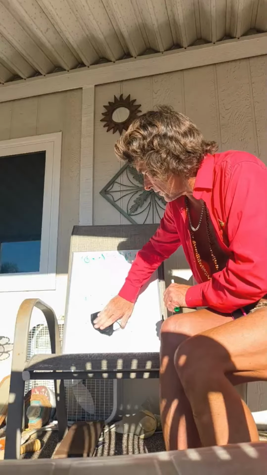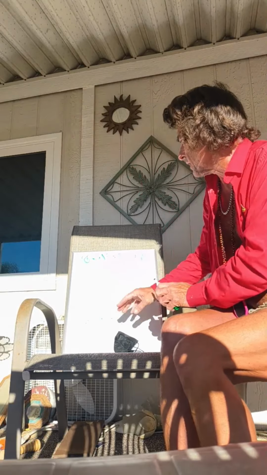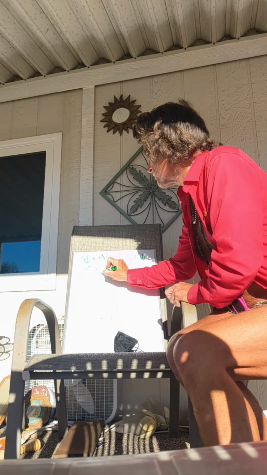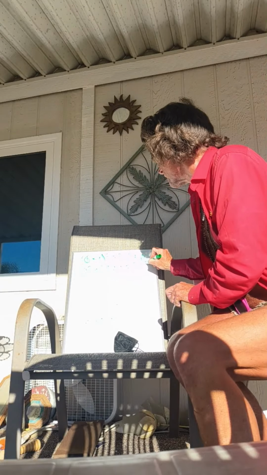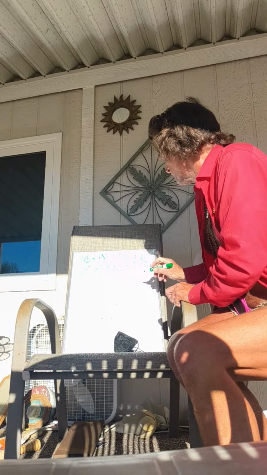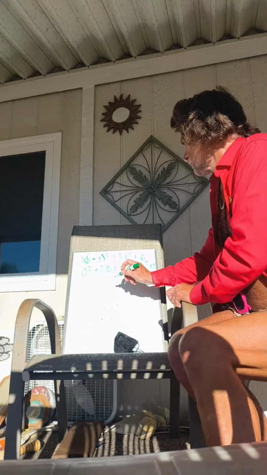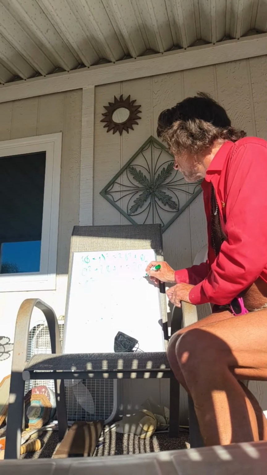Let's see if it is. Okay. This is phi squared plus 2 phi plus 1 equals 2 phi squared plus phi. Minus phi squared on both sides.